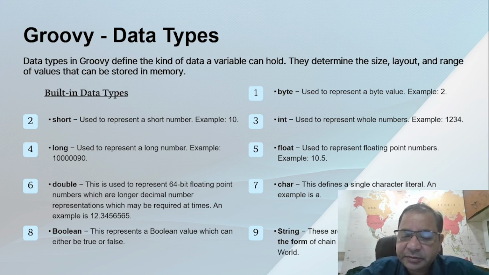A complete sentence can be stored in a string. Everybody who has used any programming language knows these things, but since I am covering it for the entire community, I have included this slide.